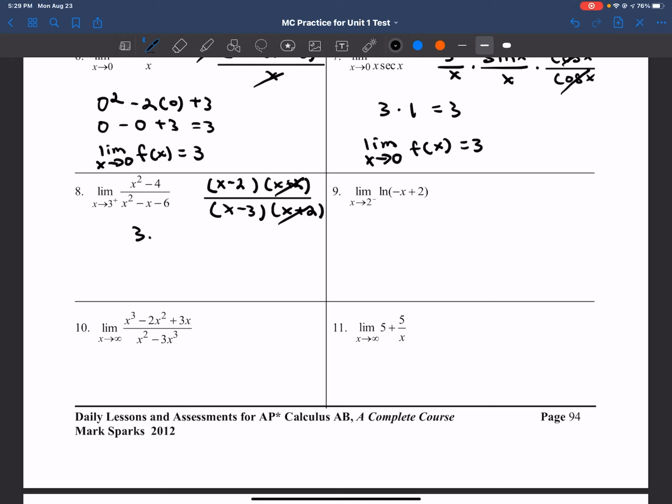So 3.1 minus 2 over 3.1 minus 3. This will be 1.1 over 0.1. And since it's positive, it will be limit as x approaches 3 positive of f of x equals infinity. Oh wait, forgot the f of x.